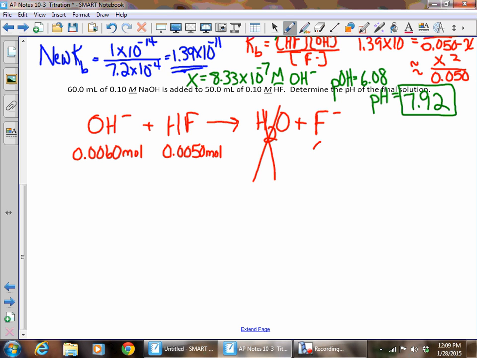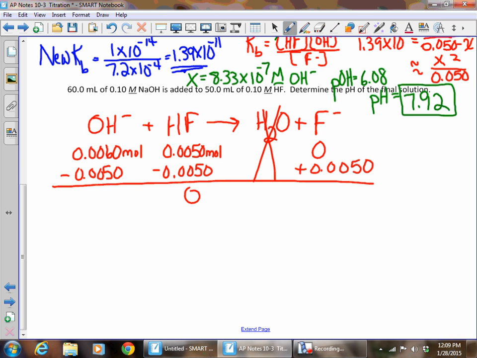We don't care, and we're starting out with 0 for our F minus. Now the HF gets used up, and we end up now with excess OH minus.